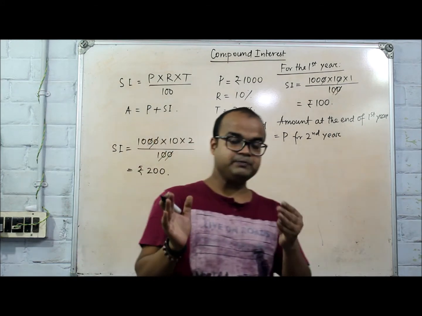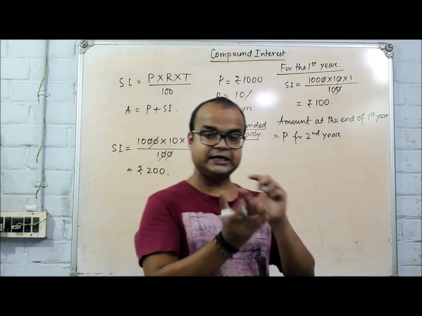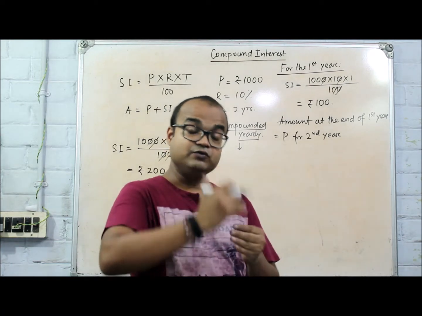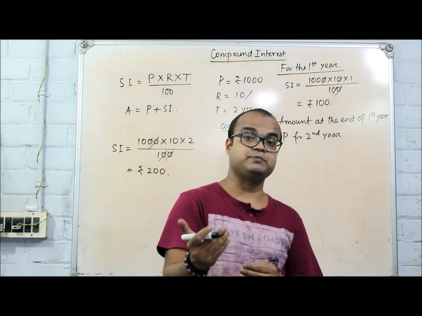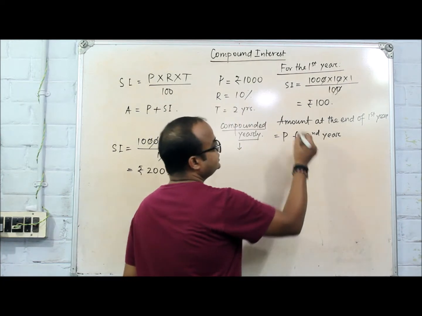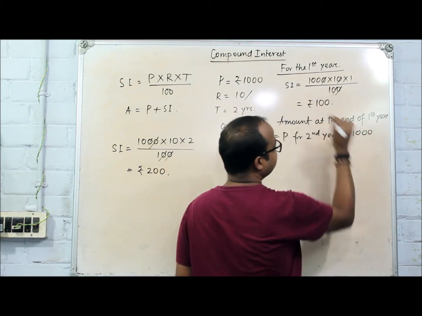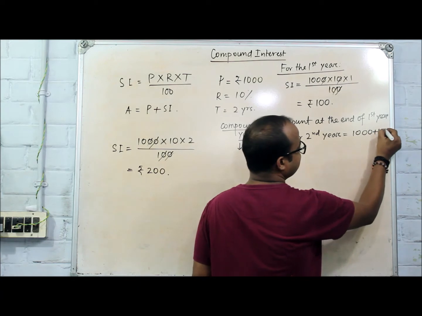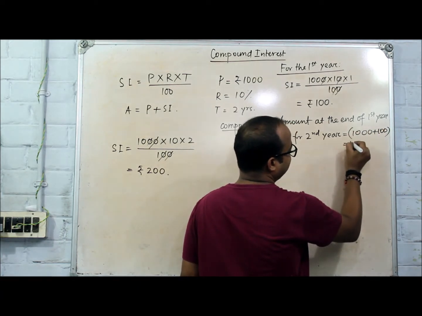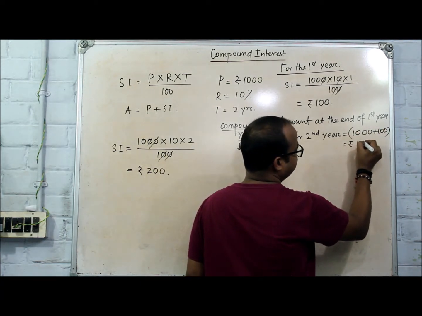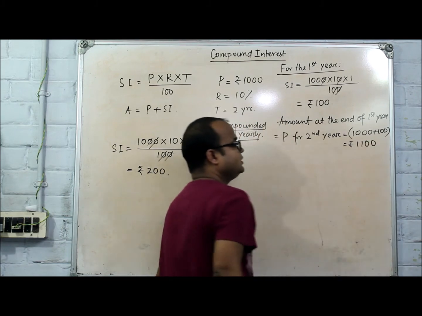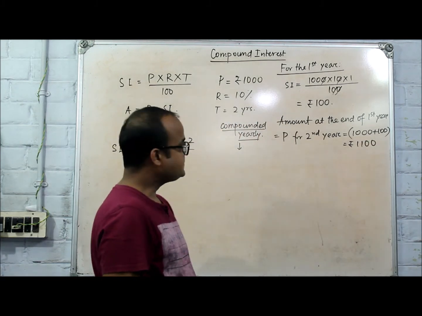Whatever amount is accumulated at the end of the first year becomes the principal. So 1000 rupees was our principal and we earned an interest of rupees 100. So at the end of the first year, the principal will become 1100.